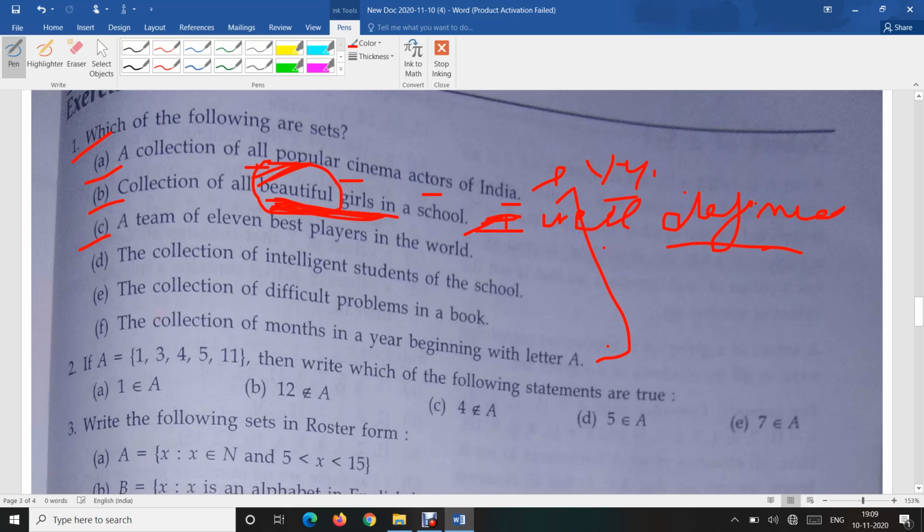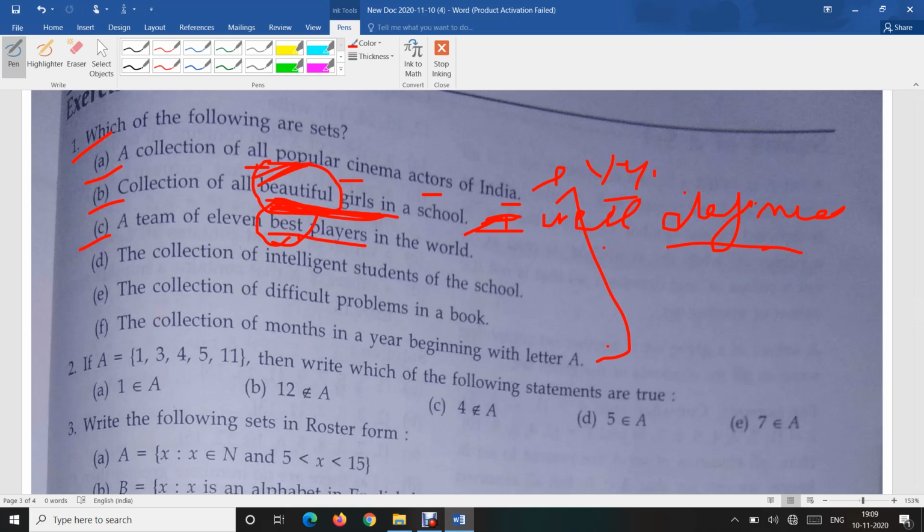The c part: a team of 11 best players in the world. Can you make the list? No, because the definition of best can be different for you and for others.